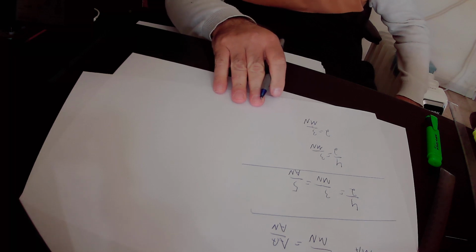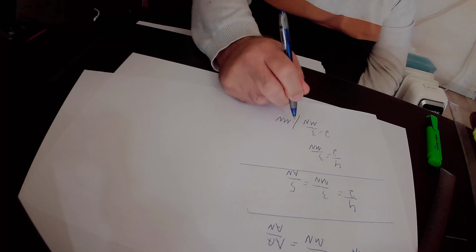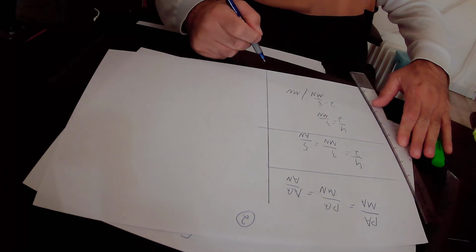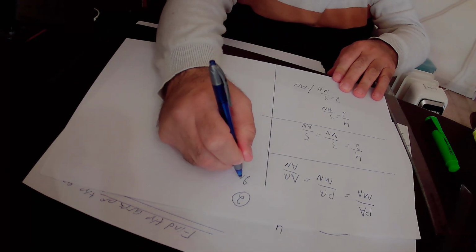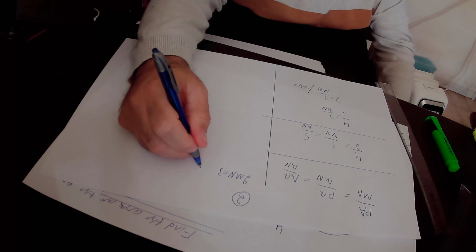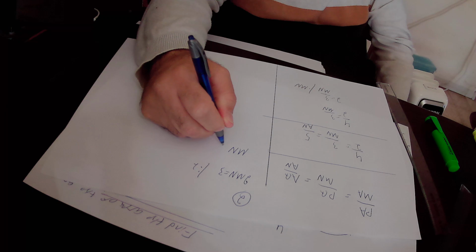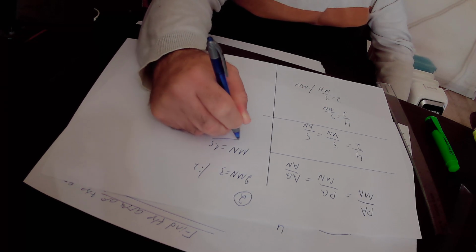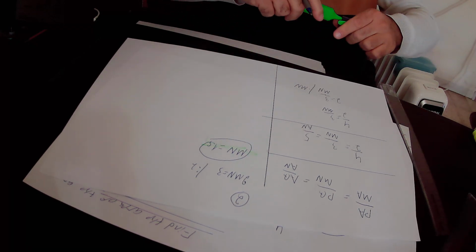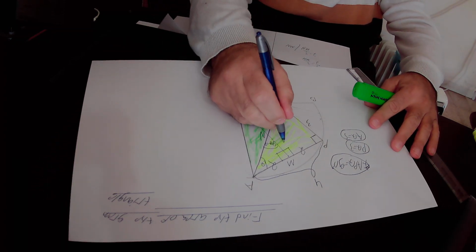Here we multiply this equation by MN and get 2 times MN equals 3. Dividing by 2, we get MN equals 3 over 2, which is 1.5. In conclusion, MN equals 1.5 units, so I write it down in the drawing that MN equals 1.5 units in length.